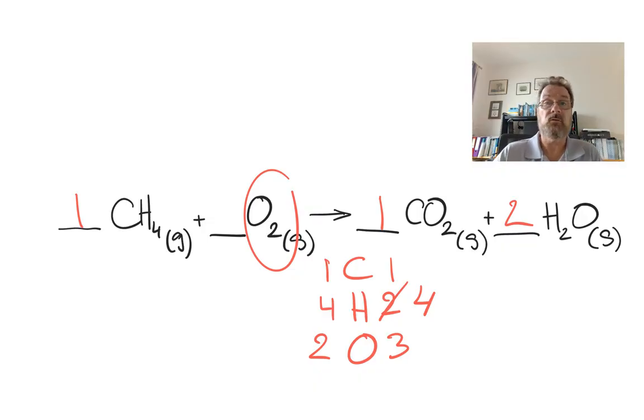With the change to water on the right, I now have 2 oxygens from the carbon dioxide, and I also have 2 oxygens from the water. So we need a 2 in front of the O2. So this had already become a 4, and now this is a 4 as well, and it's balanced.